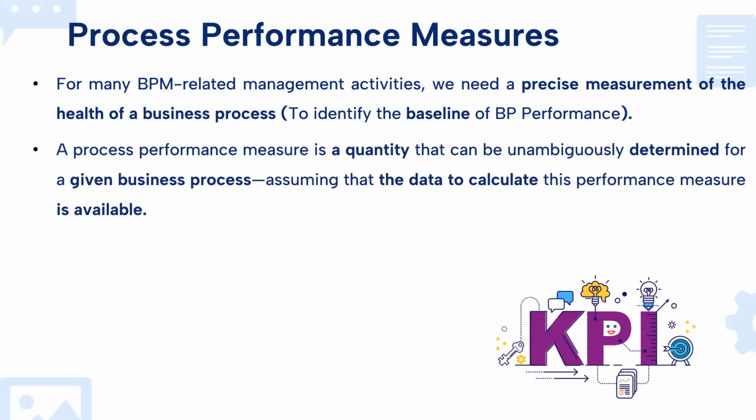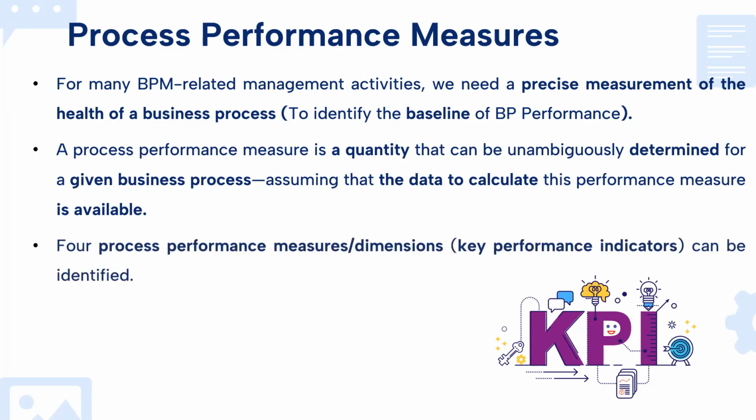When you are identifying process performance measures, it's a quantitative way of identifying. Quantitative means you have to identify a quantity determined for a given process, assuming that the data to calculate this performance measure is available. So data should also be available to calculate this particular quantity. Basically there are key performance indicators, KPIs. You are going to identify your baseline, and then you are going to set a performance target or performance objective based on these targets.